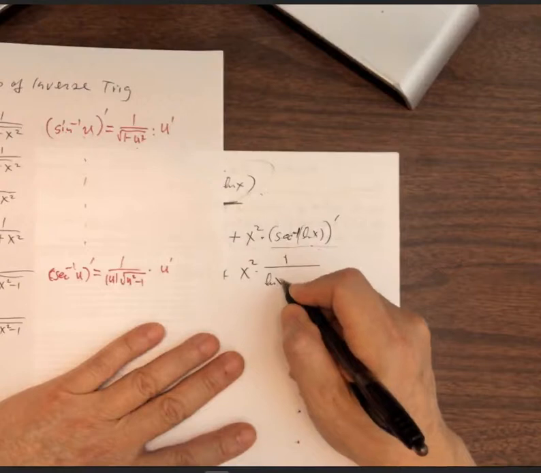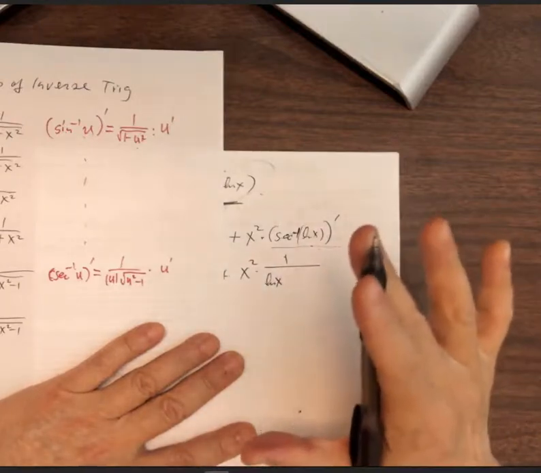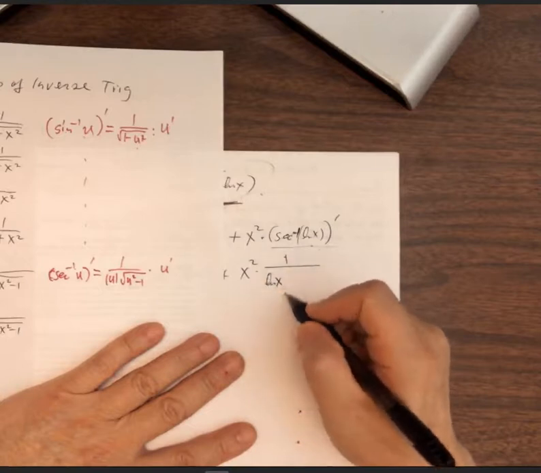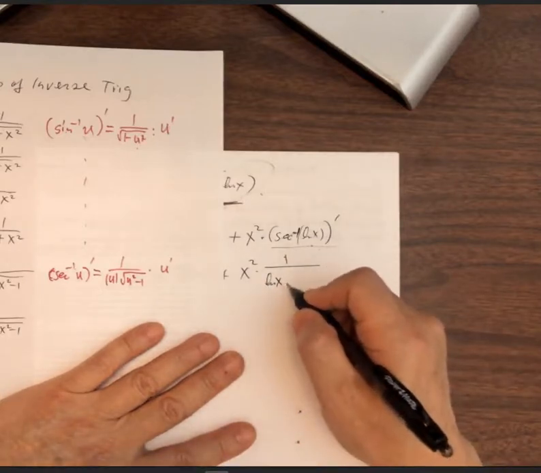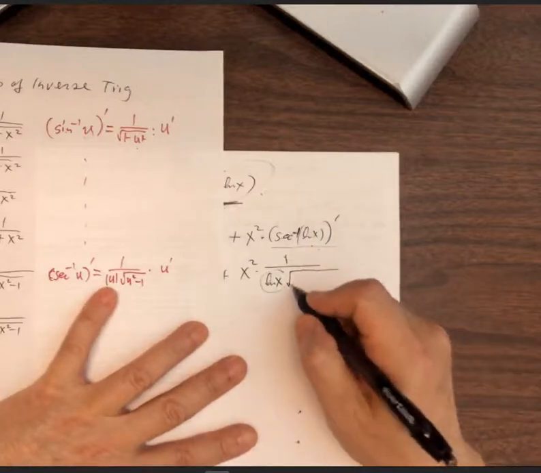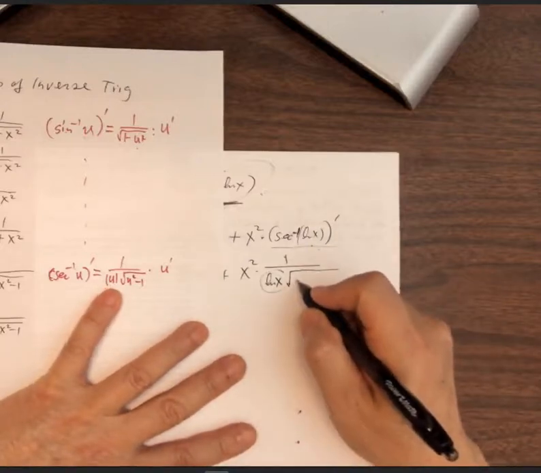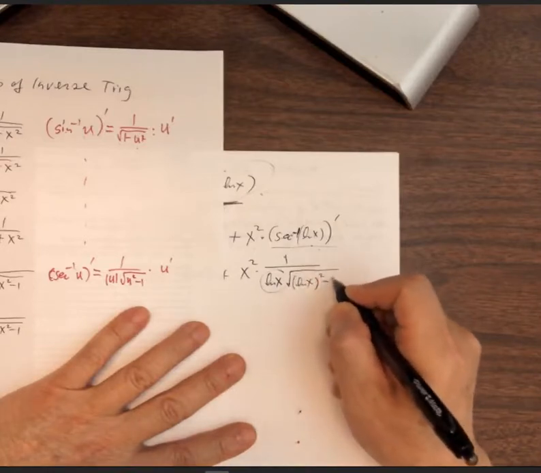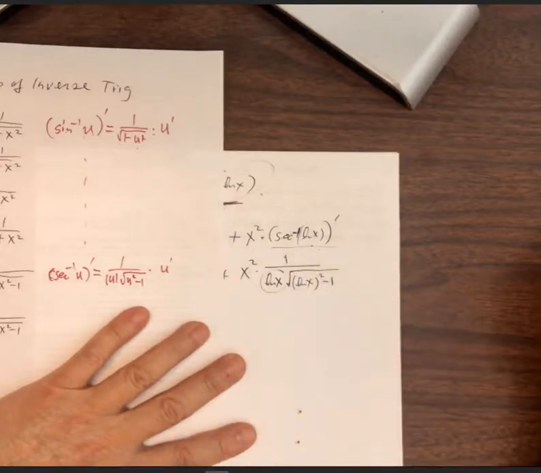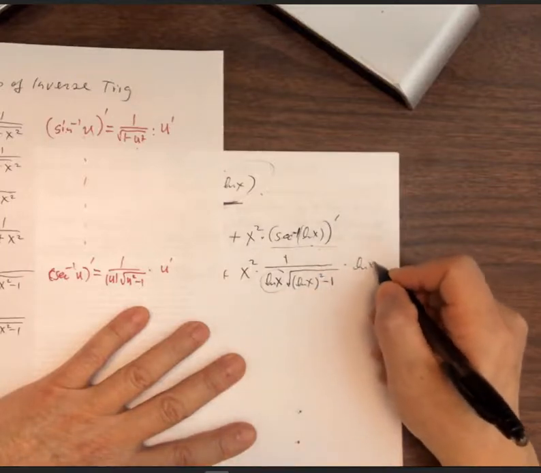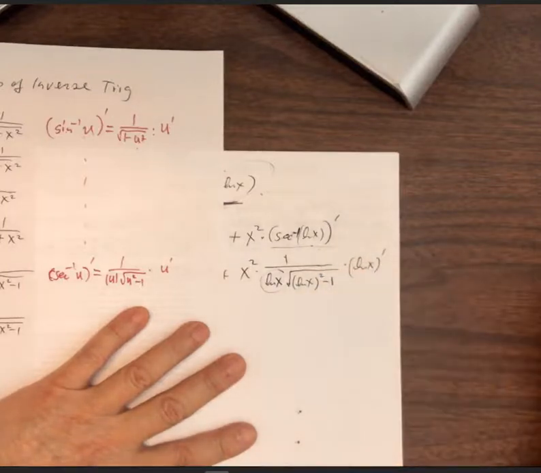as long as it is positive. If some x is negative, then you put the absolute value sign there. Okay, so you have the u in front of the radical. Under the radical, you have the u squared minus 1, times u prime.